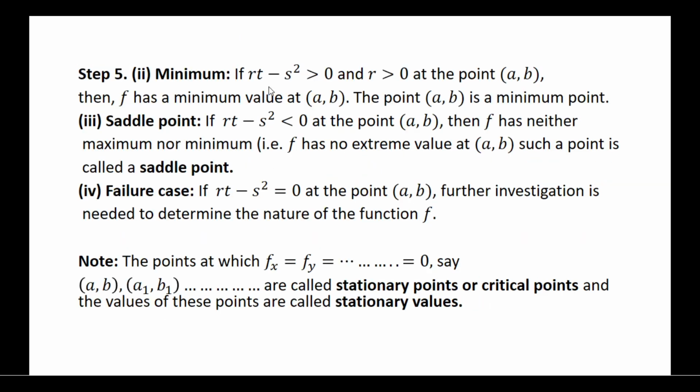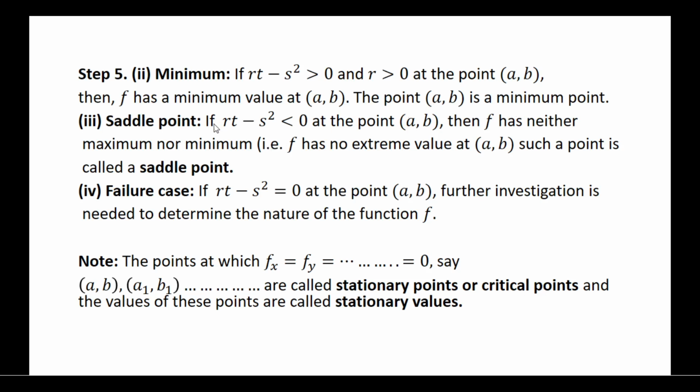Minimum: if rt minus s square is greater than 0 and r is greater than 0 at the point a comma b, then f has a minimum value at a comma b. The point a comma b is a minimum point.